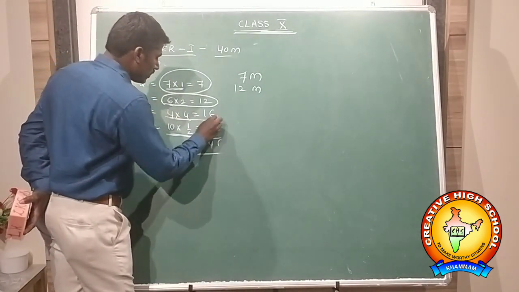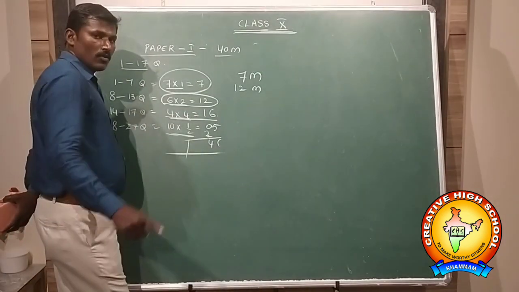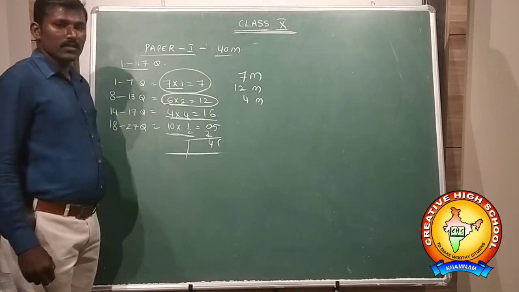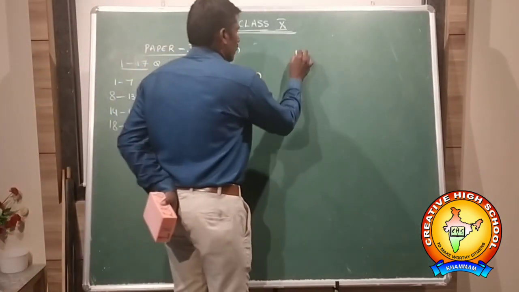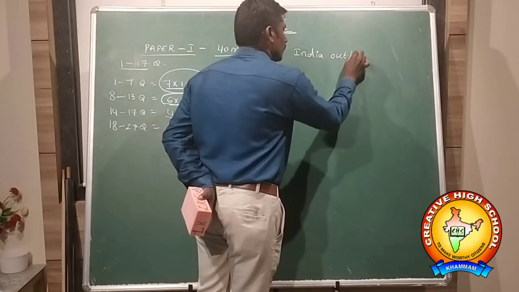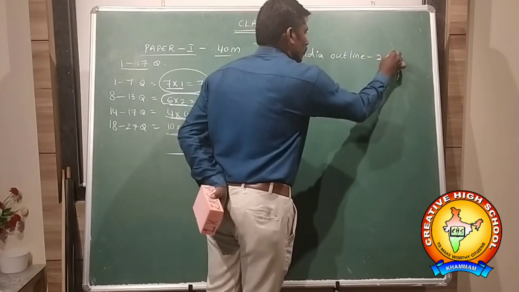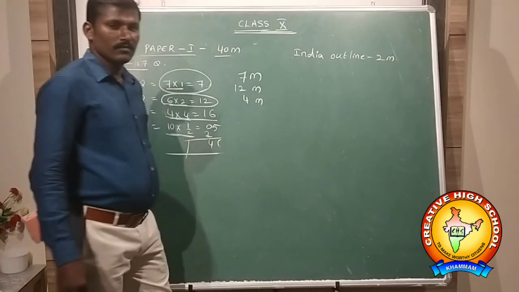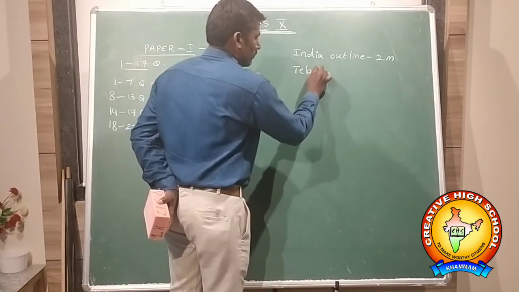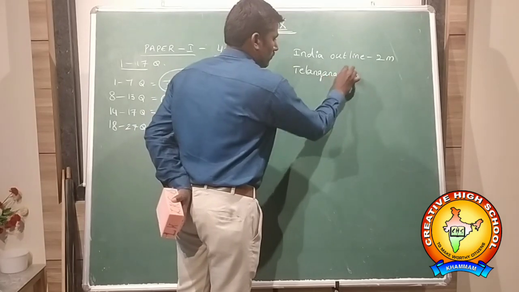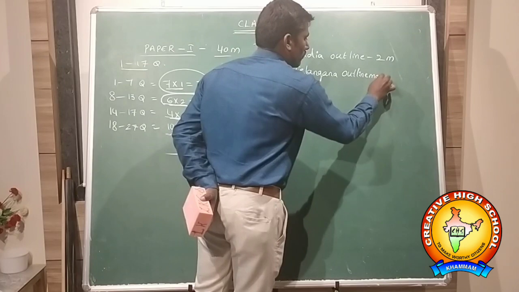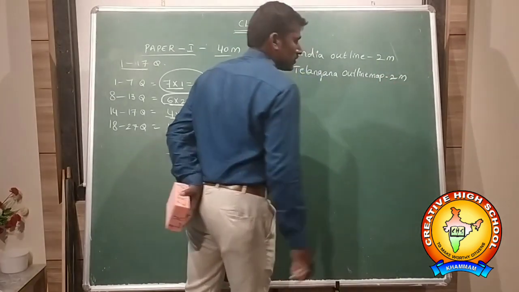And of the 4 marks questions, 1 is map pointing. If you practice the India outline map, you will get 2 marks. As well as the Telangana outline map, 2 marks.